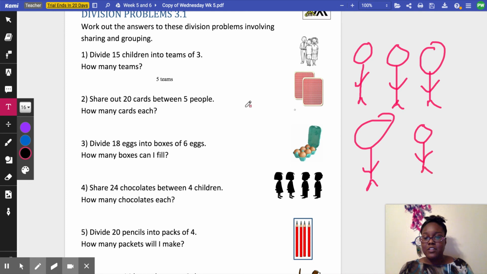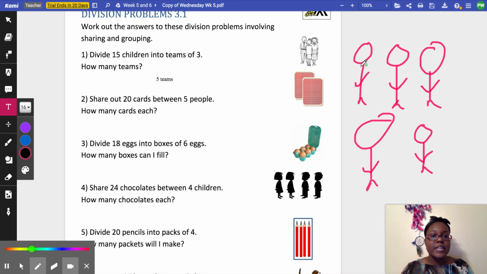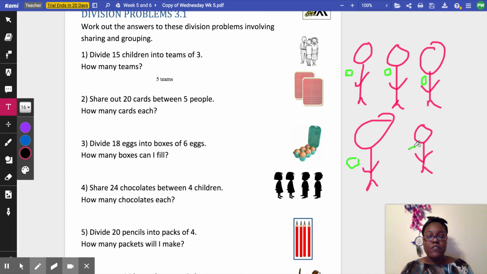All right. Share 20 cards. So that means I have to have a total of 20. So I'm going to give 1 card to each person. So there's 1, 2, 3, 4, 5.